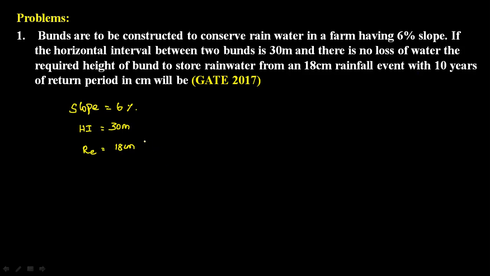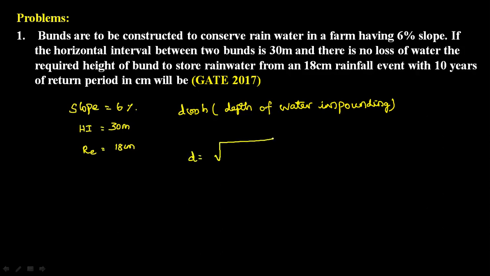Here we want to find D or H, which is the depth of water impounding, where the water is stored behind the bund. You know the formula: D is equal to root of 2 into RE into vertical interval.